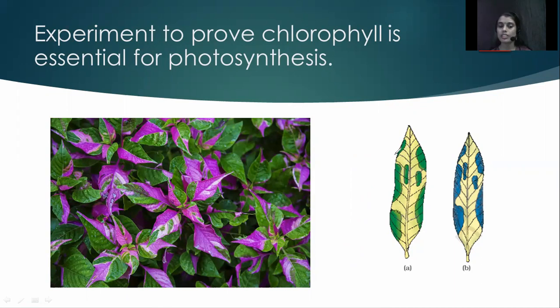Clear? By this we are proving that chlorophyll is essential for photosynthesis. Got it? Now, what is the next one? We prove that chlorophyll is required for photosynthesis, right? Now, what will we be proving next?